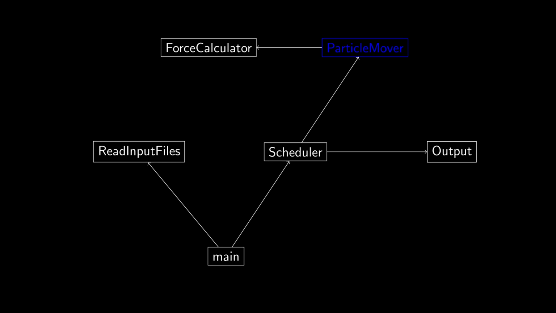And what inheritance allows us is to create a base class, which is basically our blueprint of what a particle mover looks like. And then we can derive other classes from that base class, which then gives us the exact implementation of such a particle mover. And to demonstrate what that looks like, I brought you a little example.